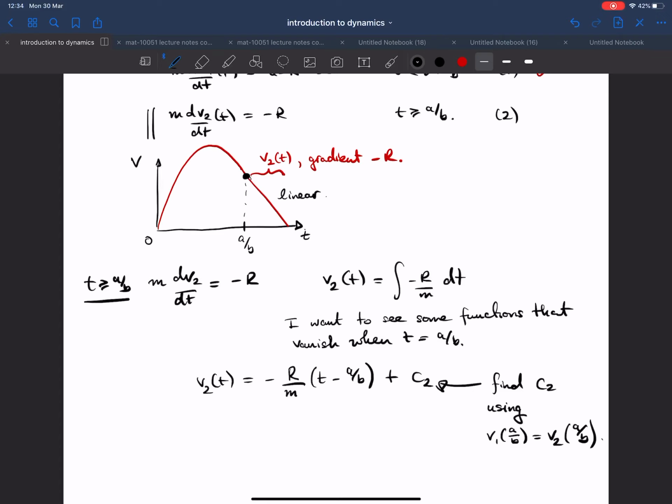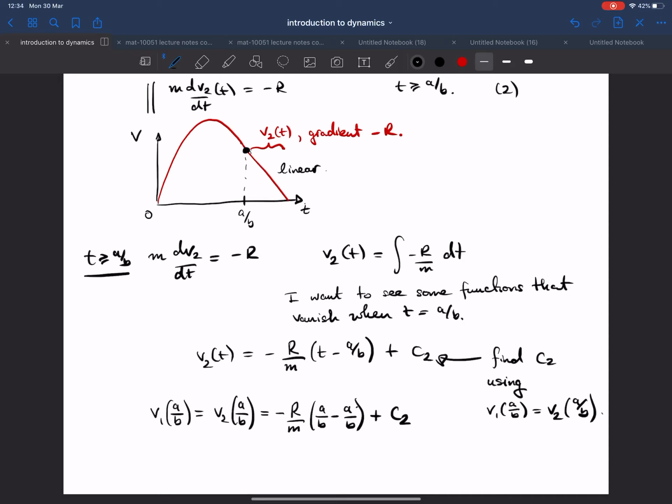Fantastic. So this equation gives us the following. I will try not to go into detail on how to calculate this; it's probably straightforward anyway. Of course, this will be a over b minus a over b using our expression.